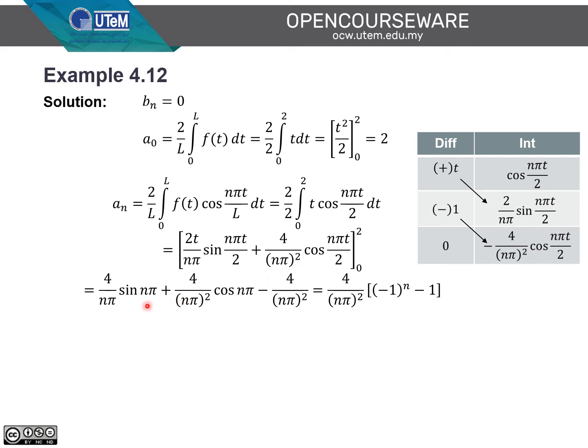Note that sin n pi equals 0, cos n pi equals negative 1 to the power of n. Therefore, the Fourier coefficient An equals 4 over n pi squared times (negative 1 to the power of n minus 1).